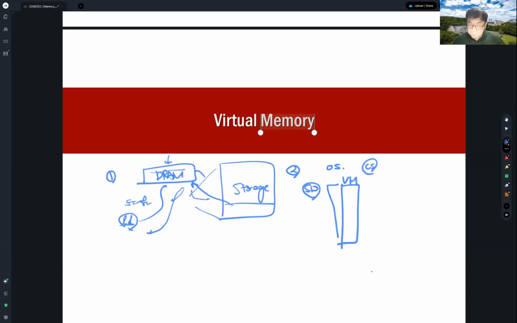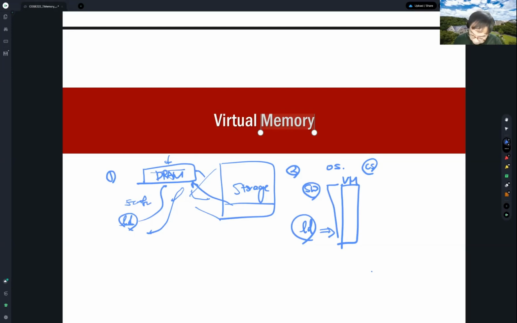Our processes, like applications, access independent memory spaces. So our software wants to access a very large memory, and this memory is also separated from each other.